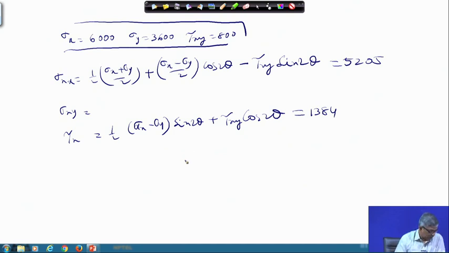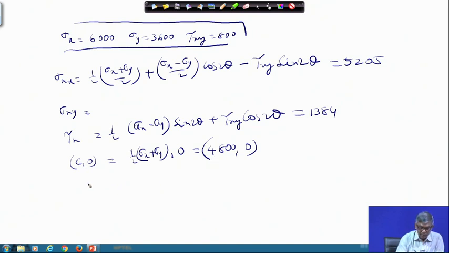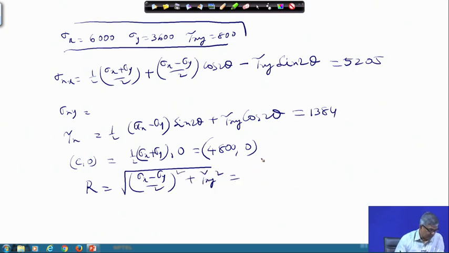Alternatively, I can find the center, C, 0 suppose, which will be nothing but half of sigma x plus sigma y, 0. That will give you 4800 and 0, and your r becomes the square root of ((sigma x minus sigma y) by 2) whole squared plus tau x y squared, and that gives you 1442.